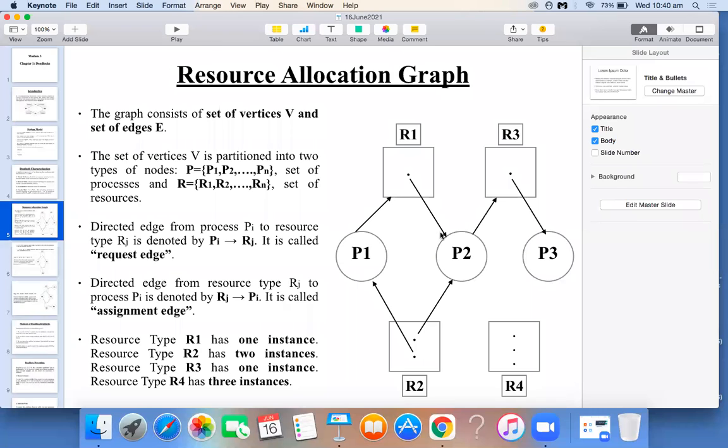Do we find any cycle formations here in the graph? So there are no cycle formations, correct? So we can easily say that deadlock is not occurring in our system.